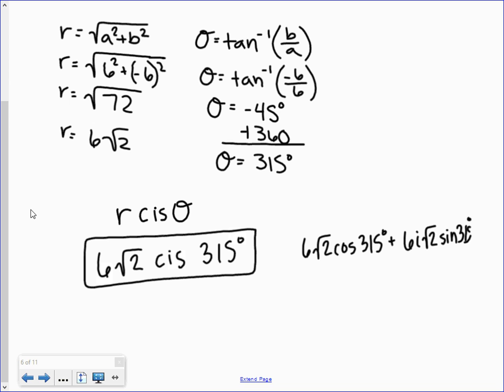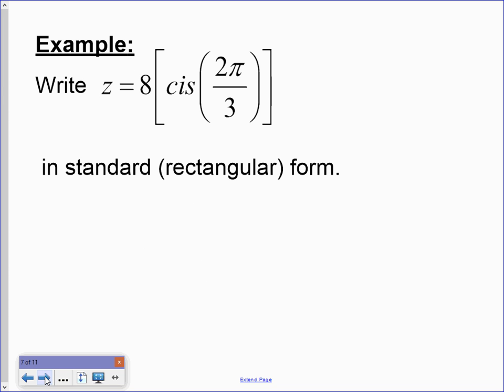Can you go the other direction? If I give you trig form, can you guys tell me rectangular form? So I'm giving you a complex number z. z is equal to 8 kiss 2 pi over 3.